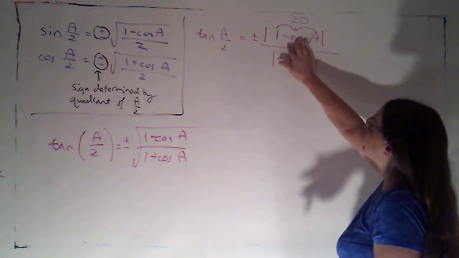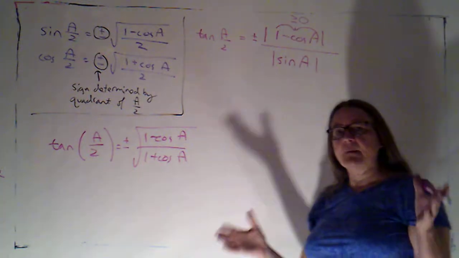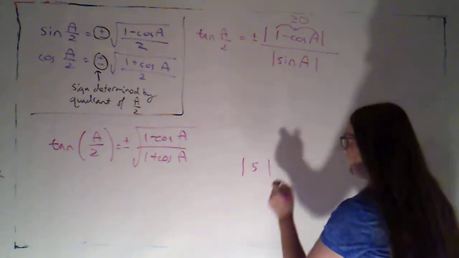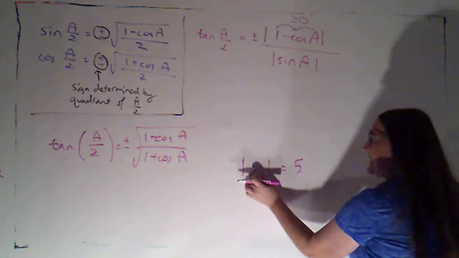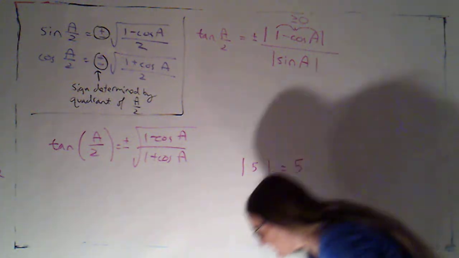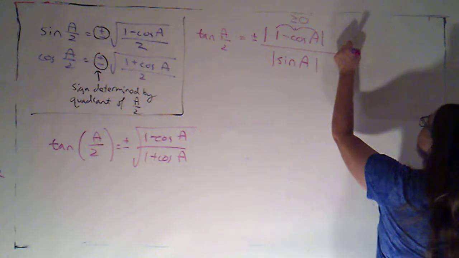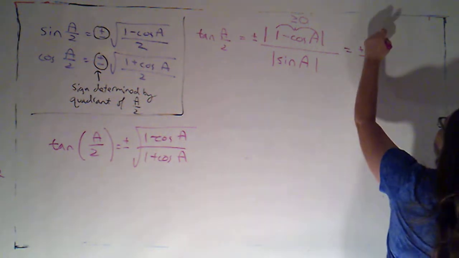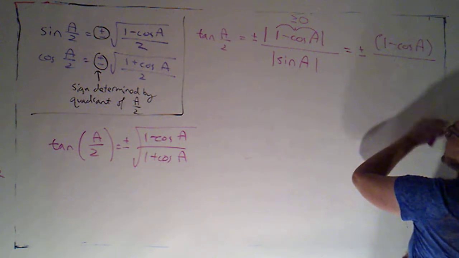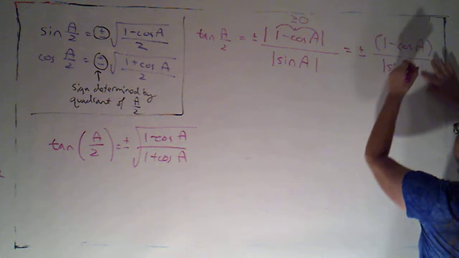So the quantity inside the absolute value is never negative. And when I take the absolute value of something that isn't negative, like the absolute value of 5, that's just 5. So I can say this is plus or minus just 1 minus cosine of A over the absolute value of sine A.